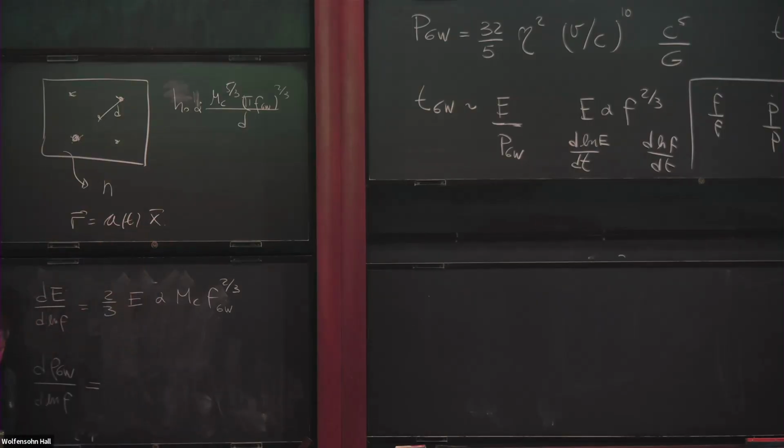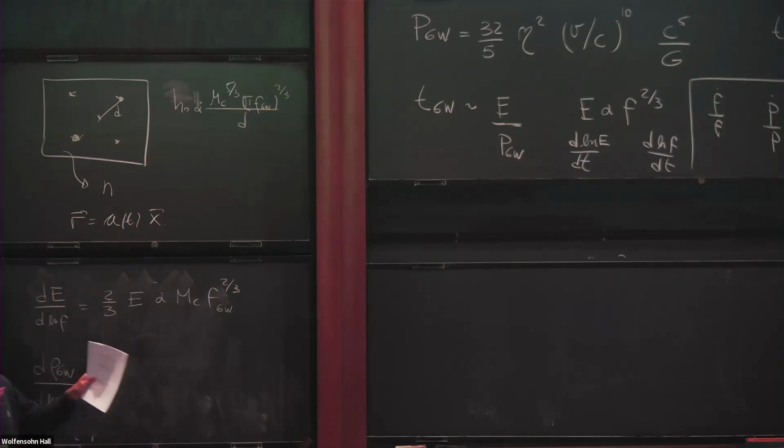Okay, so if these sources are all there, the number density in comoving coordinates, dn comoving, the volume is constant, because I'm computing everything in these x coordinates that have the expansion of the universe taken out. There are always the same, say, 4 sources there.